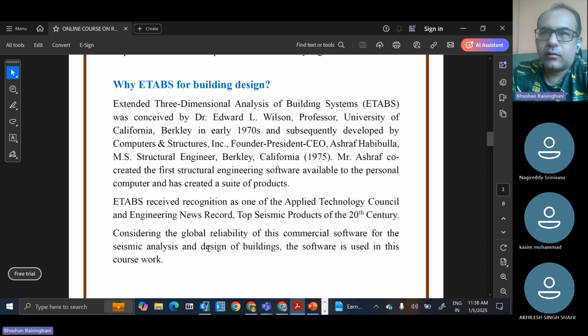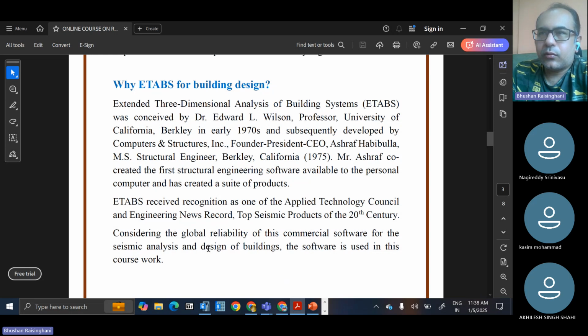If you make software a resource, your part is being done by the software. It should be used as a calculator, not as a resource. If we feed something, it will give us the output. We don't know what output has come, but the software has given it, so it is going to be okay.